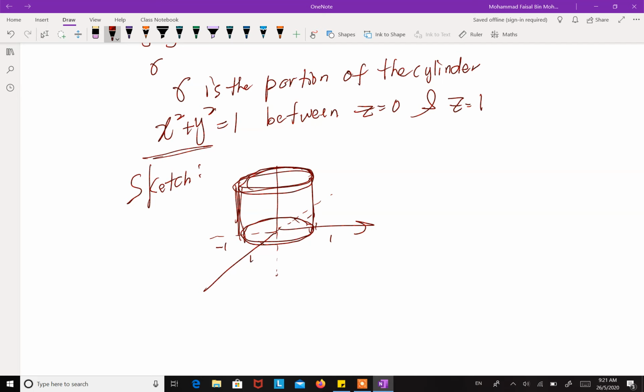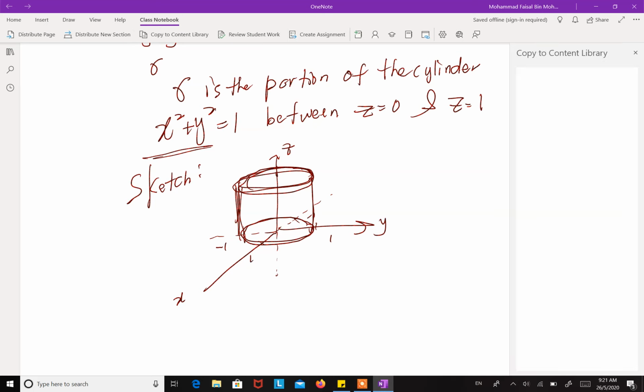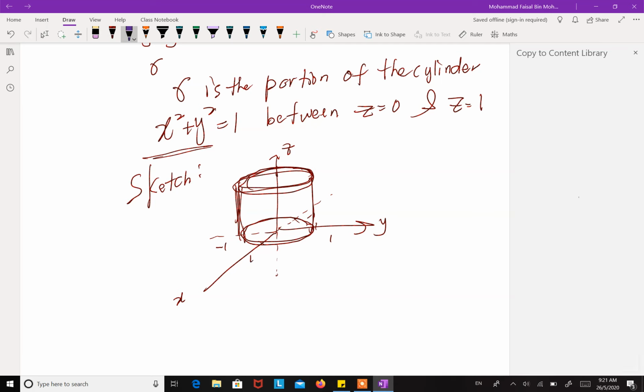And then z is between z equals 0 and z equals 1, so this is z, this is x and this is y. Can you see?